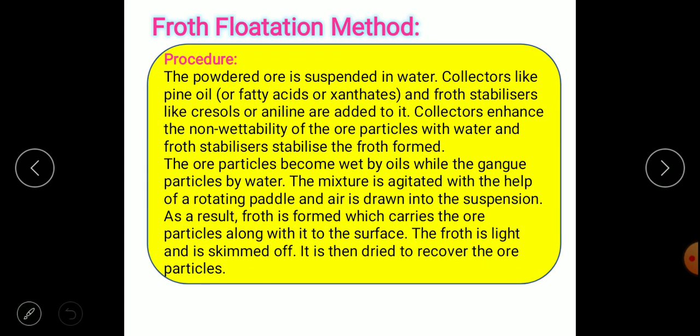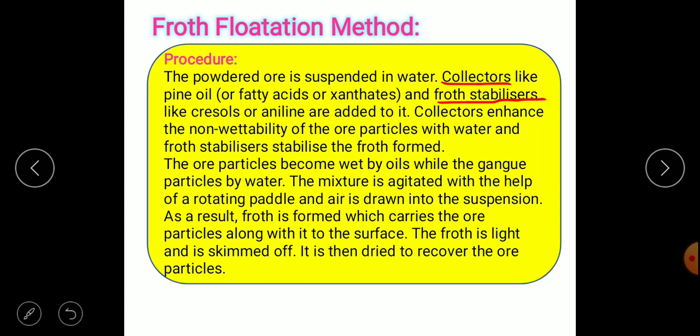The powdered ore is suspended in water. Collectors like pine oil are used, so here oil is used, and froth stabilizers like cresols or aniline are added. Collectors are to make the ore particle wet, whereas froth stabilizers give stability to the formed froth.